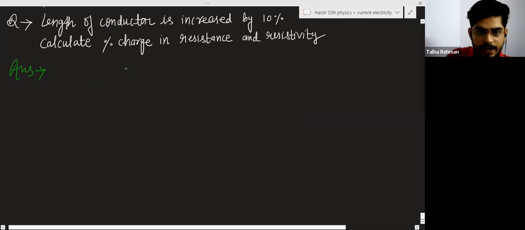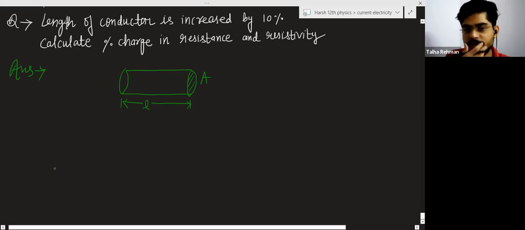Length of a conductor. I am supposing the conductor as a cylindrical conductor, and suppose initially the length of the conductor is L and A is the area of cross section of this conductor.